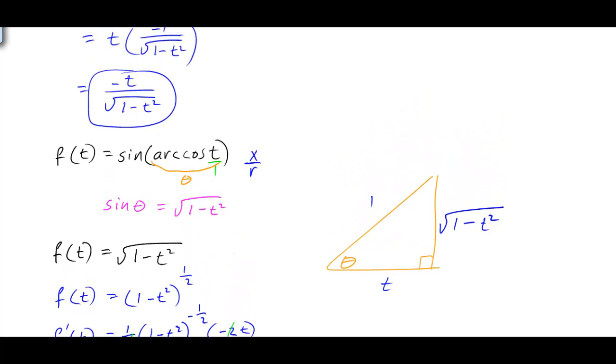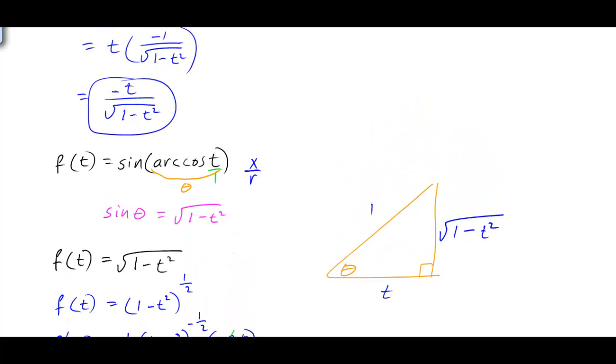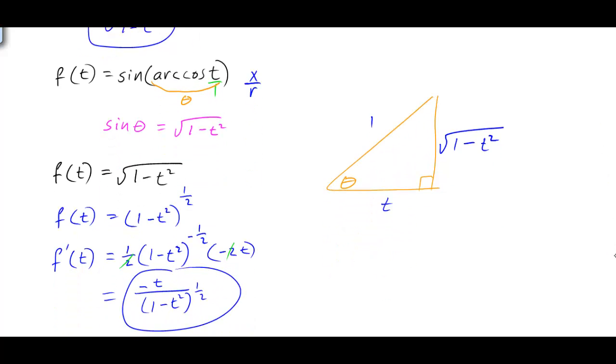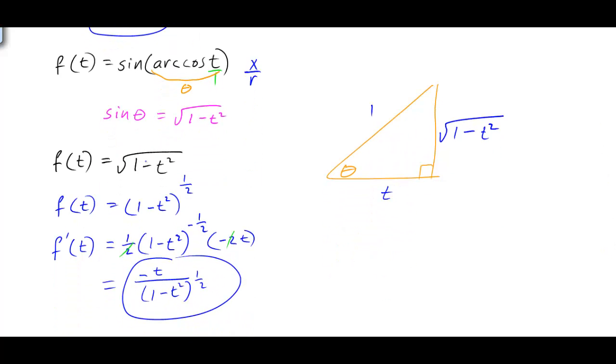And if we look above, that's the same thing we had up here. We had negative t over the square root of 1 minus t squared. So we could actually rewrite this in algebraic form, the square root of 1 minus t squared, take the derivative, and we get the same answer, negative t over 1 minus t squared to the 1/2, or you could simply write this as the square root of 1 minus t squared.